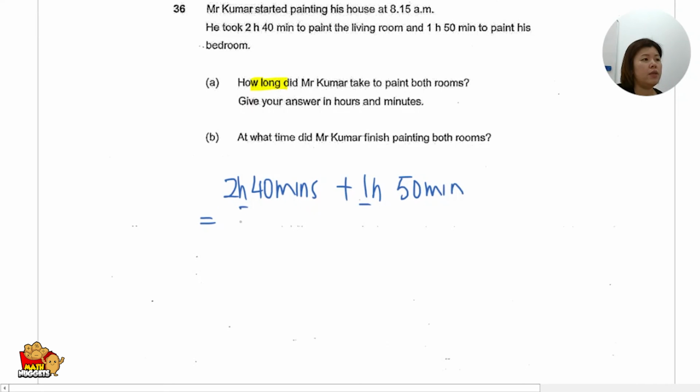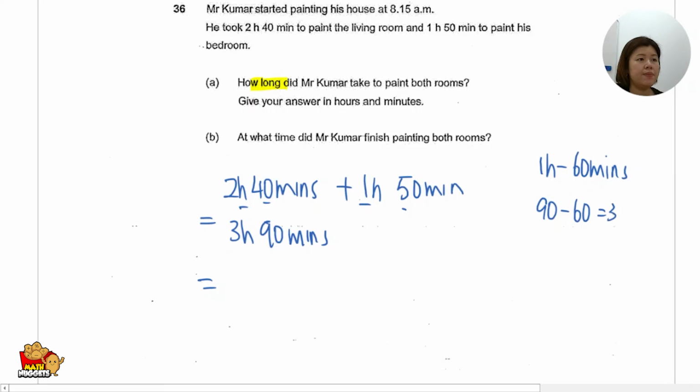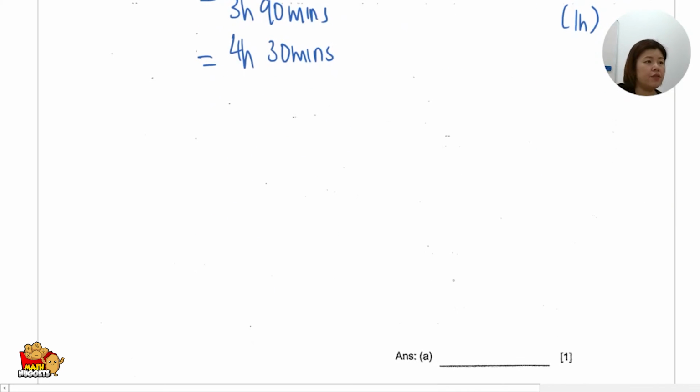Hour and hour is 3 hours. 40 plus 50 is 90 minutes. But we cannot have 90 minutes, so 1 hour is 60 minutes. So we take 90 minus 60, 30 minutes. And this is 1 hour. So means it's 4 hours and 30 minutes. Okay, let's put down first.